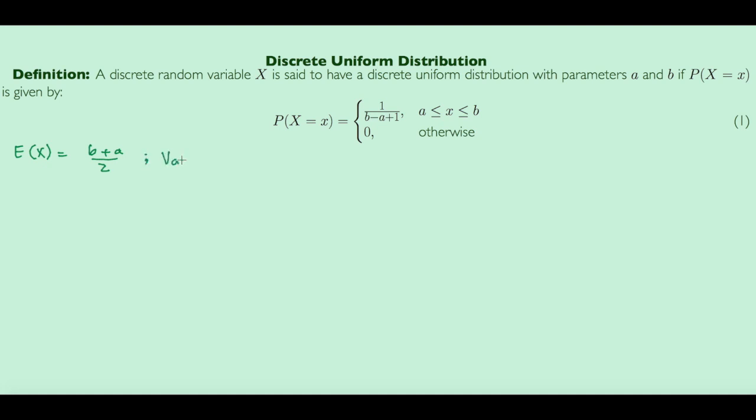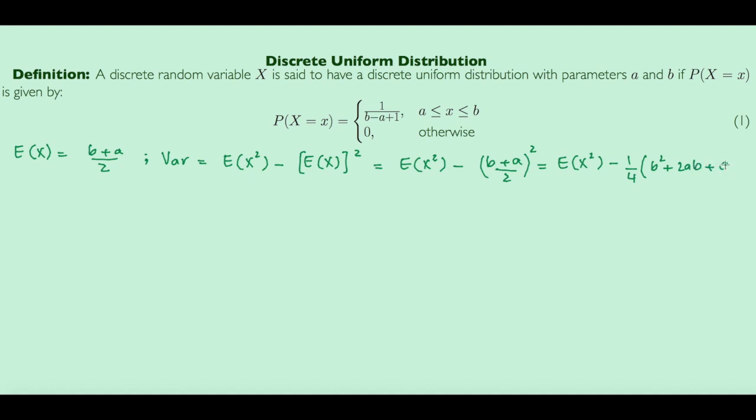So my variance is E of X squared minus E of X squared, which is equal to E of X squared minus b plus a over 2 squared, which is equal to E of X squared minus 1 over 4 times b squared plus 2ab plus a squared.